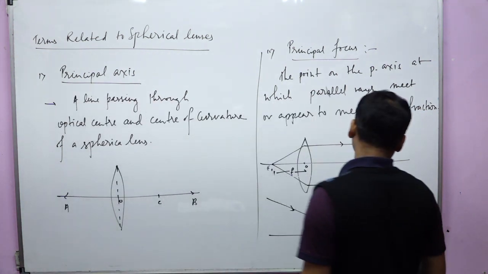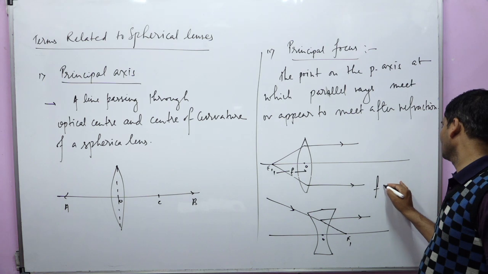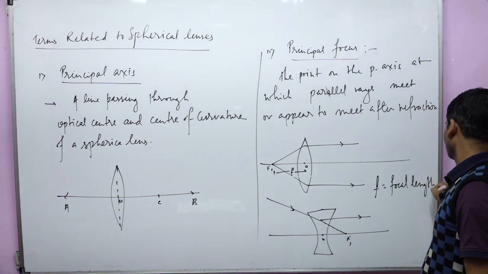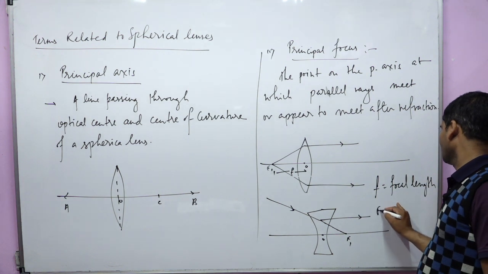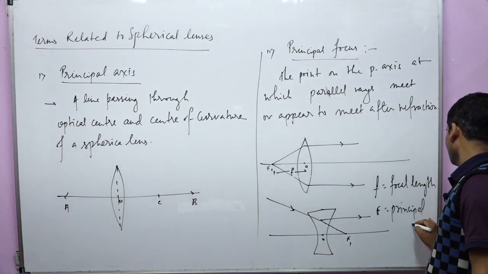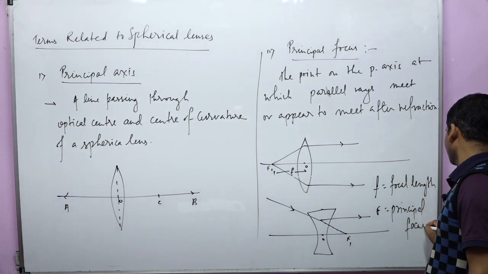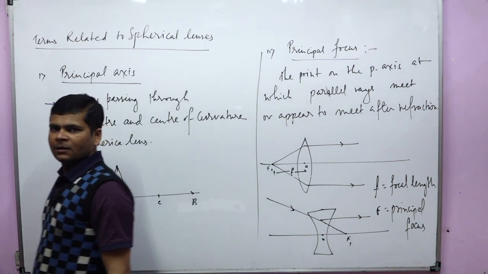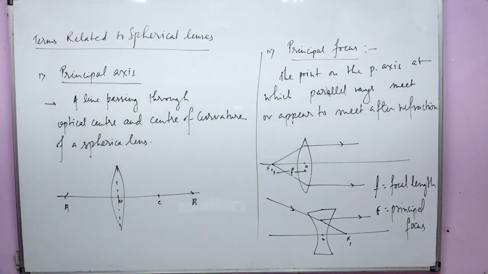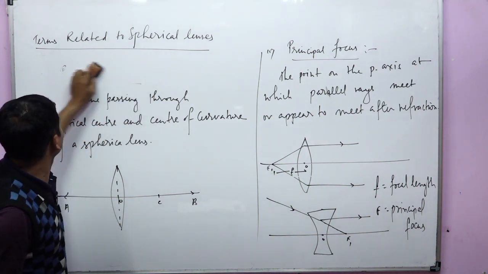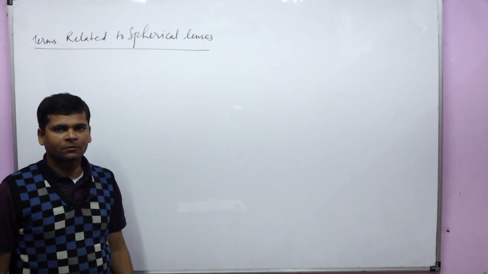So in short, I would write here that small f represents focal length and capital F represents principal focus. Okay. Let us move further.